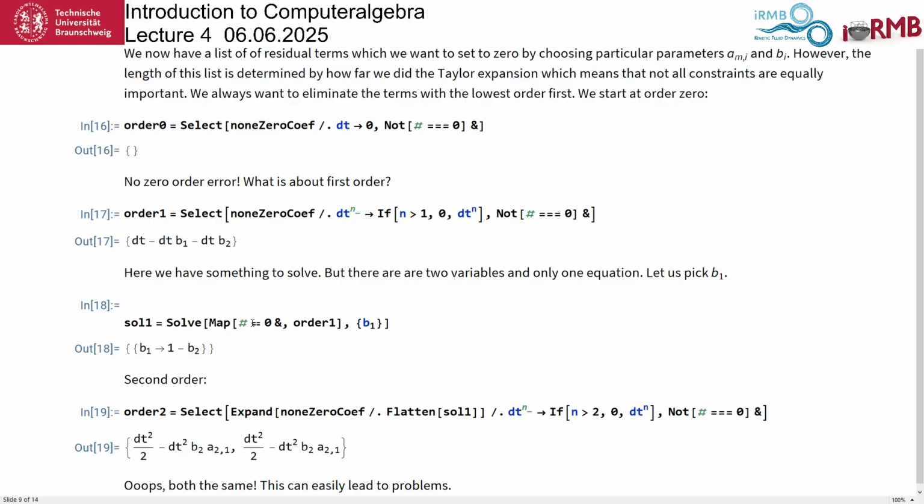So there needs to be an equal sign here, not that one. So I make my equations, and then I solve for b1, please. If we use three equal signs, it would return false, and then the solve would tell you this is not possible.